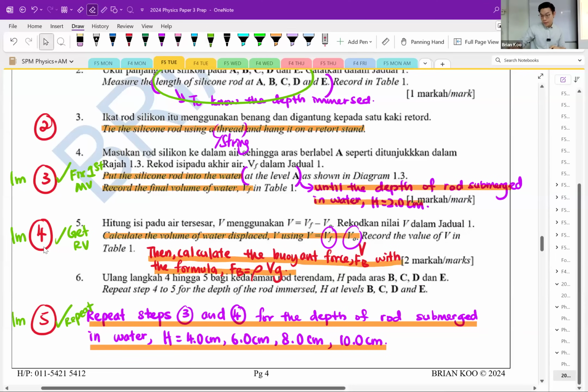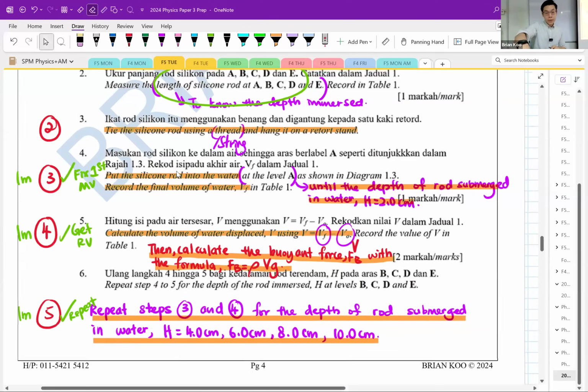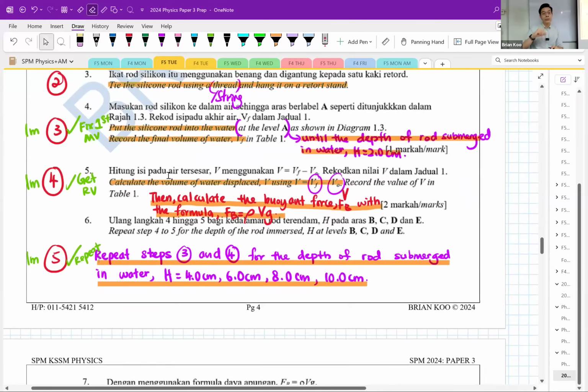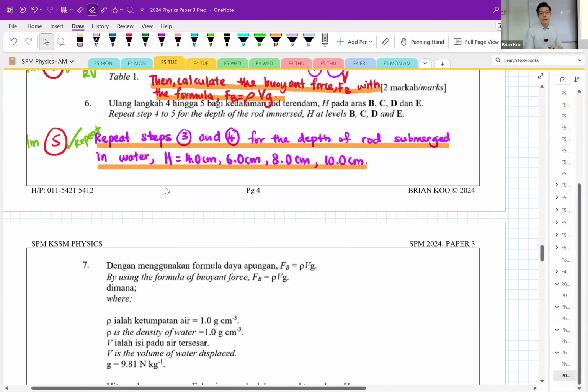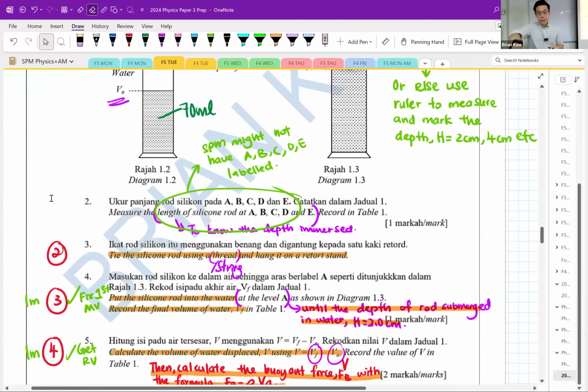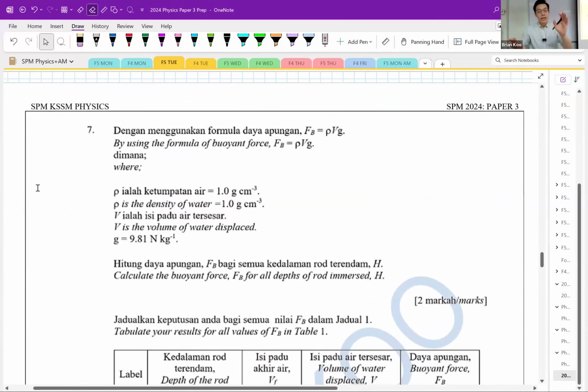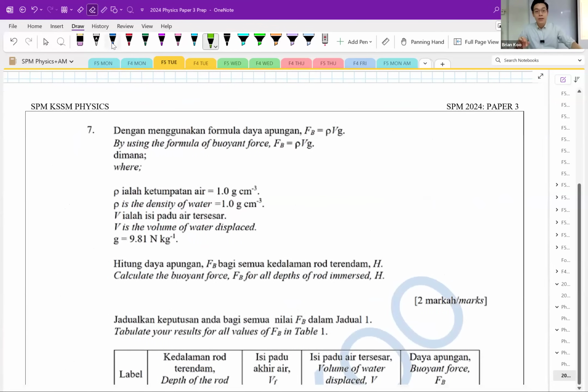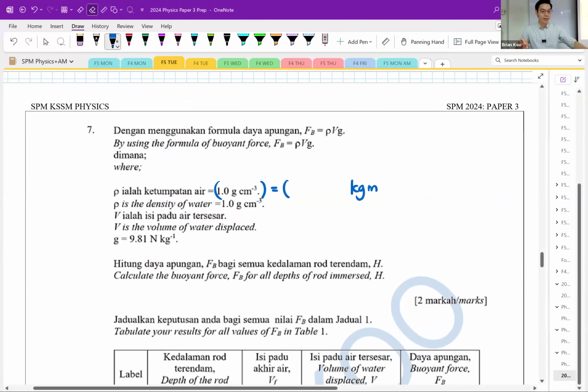And then on the next page, they will ask you to calculate it. Okay, it's very nice. They give you the density, 1 gram per cm cubed. Quick question, 1 gram per cm cubed is how many kg per meter cubed?